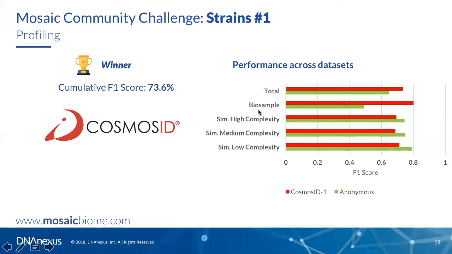So the biosample F1 score got the highest weight at 0.4, and the high complexity data set gets 0.3, and so on, right? What you can clearly see here, when you compare the submission by CosmosID to the second best performing submission by an anonymous user, is that in the biosample, CosmosID performed way better than the second submission.